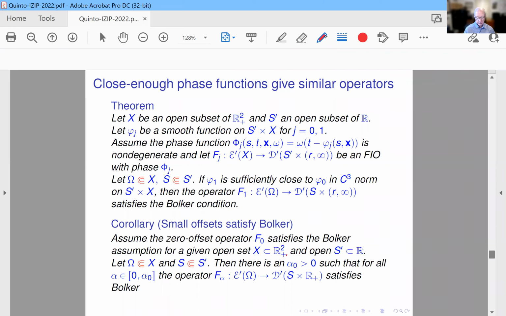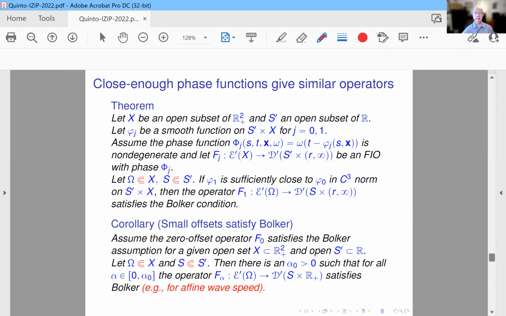Then there's an alpha 0 such that for all alpha that are sufficiently small, namely between 0 and alpha 0, F alpha satisfies Volcker, at least on gamma cross S. I'm being a little sloppy here, but it means functions supported on gamma and our center set S. Good.